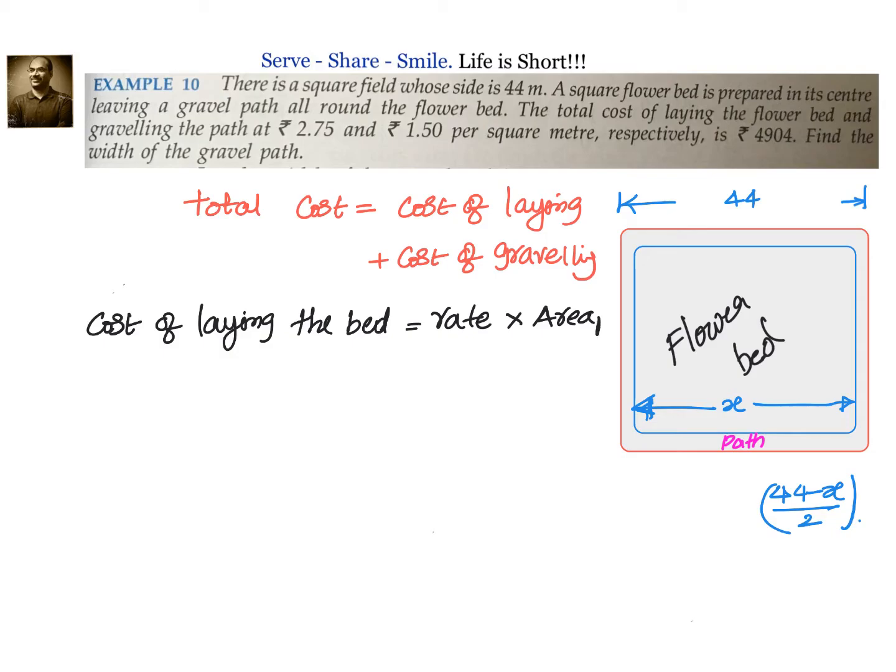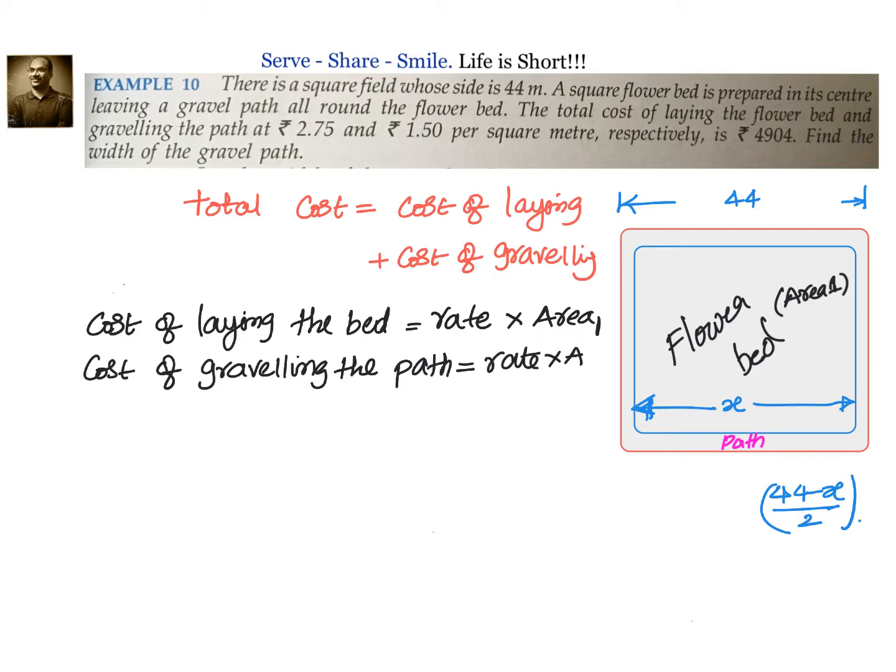Okay, this is area 1. Next, what is the cost of graveling? Cost of graveling the path is again given by the rate multiplied with area 2. Now let's find out what is area 1 and area 2.